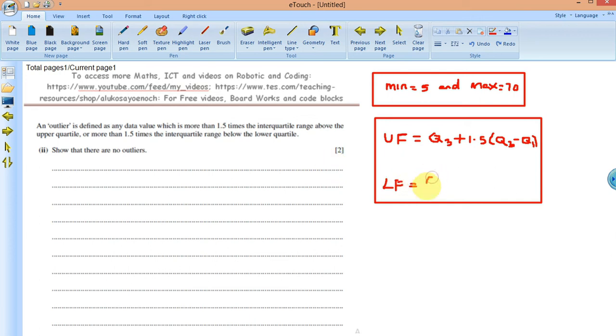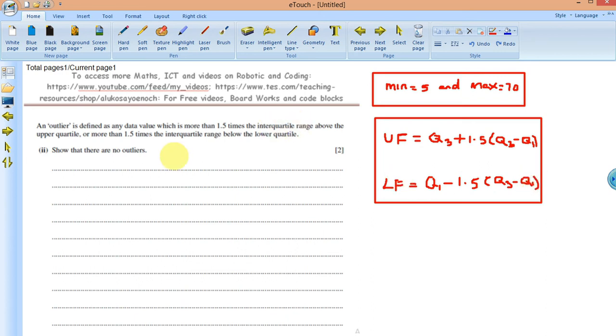Below the lower quartile, that is Q1. Then minus 1.5 into Q3 minus Q1. So we can go ahead and apply that now. So let's apply that.